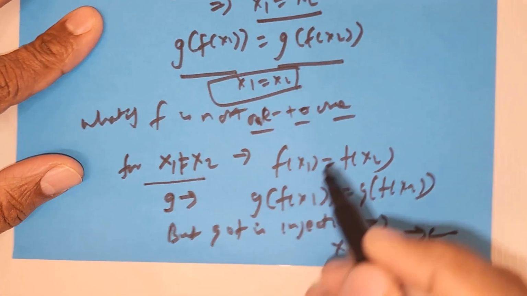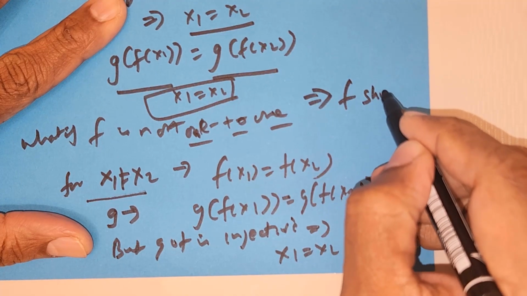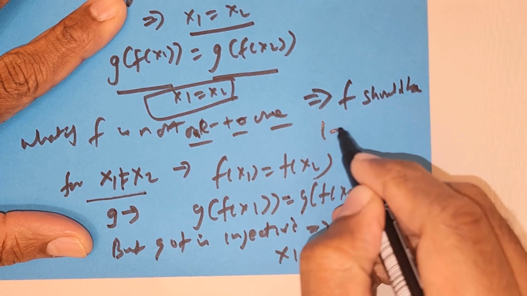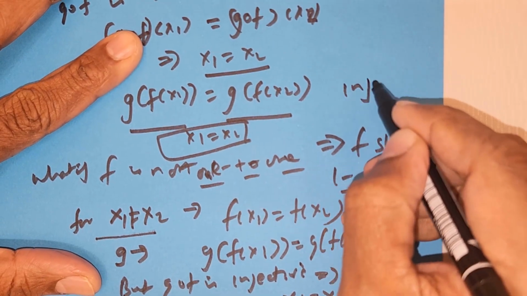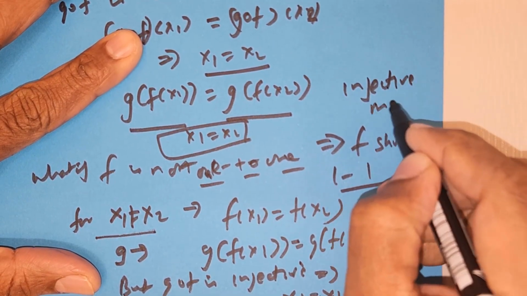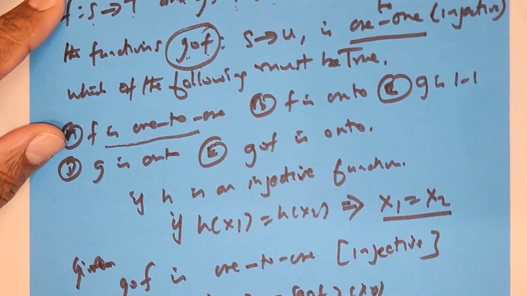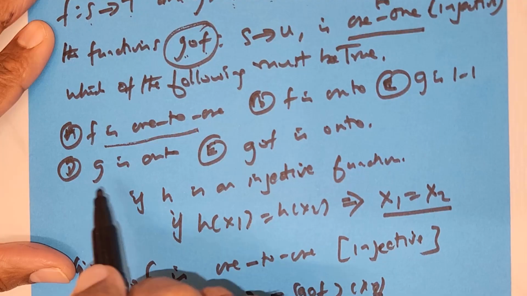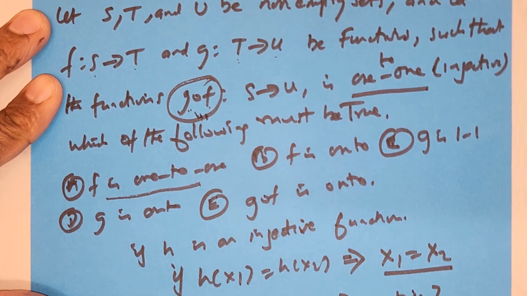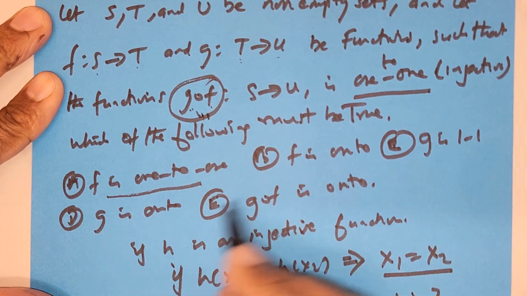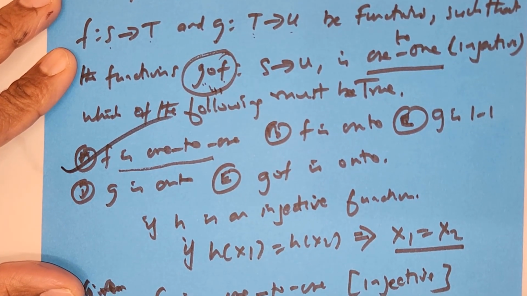So the final outcome: f should be 1-to-1. In other words, F should be an injective mapping. That is the necessary condition for this to be in existence. So none of these things matter, only this matters. F is 1-to-1. That's the end of the solution. Let's move on.